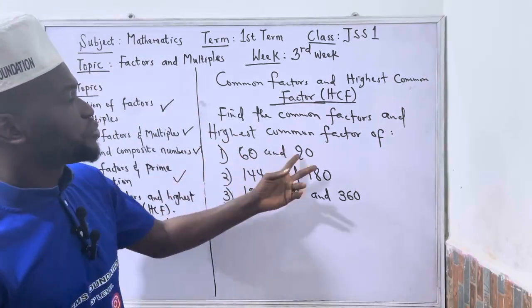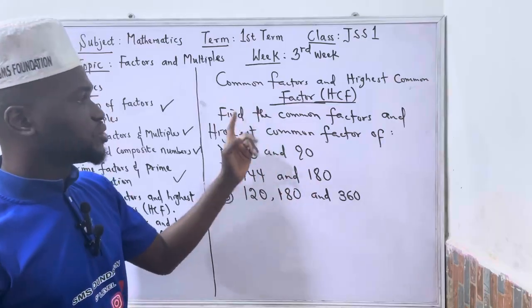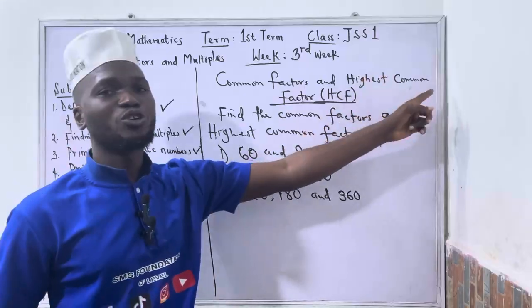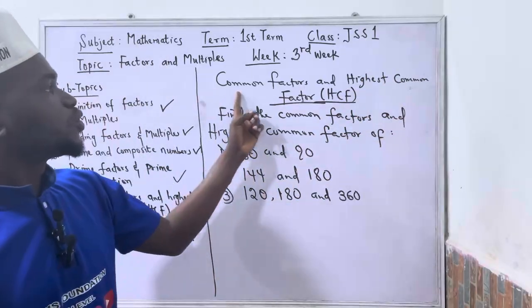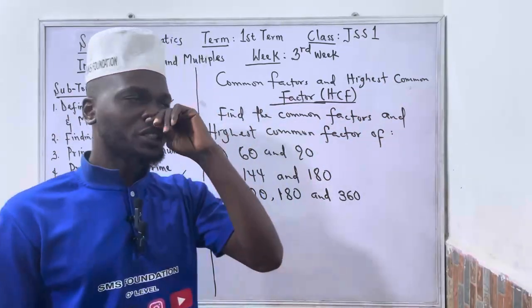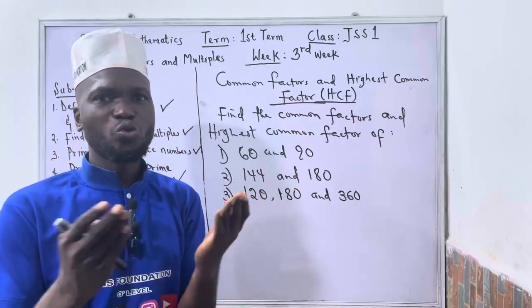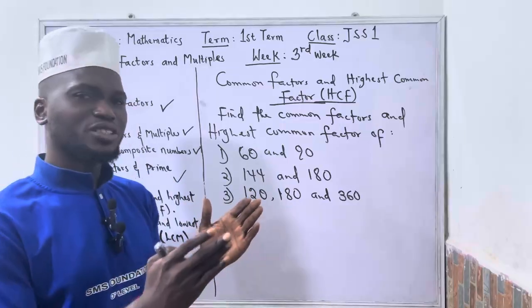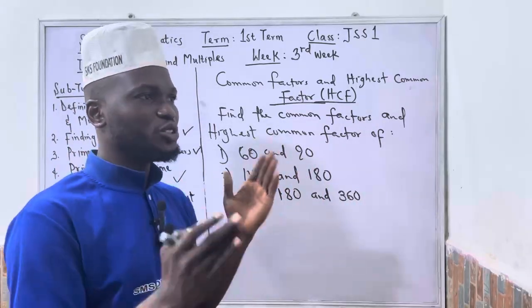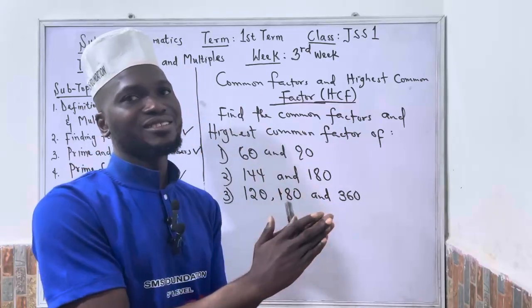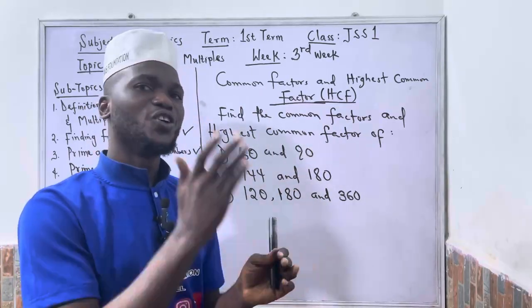I will just use a question to explain what common factors and highest common factor mean. If you hear the word common, common actually means that thing is in between two or more things. So when something is common between two individuals, it means both of them will have that characteristic or behavior or feature.